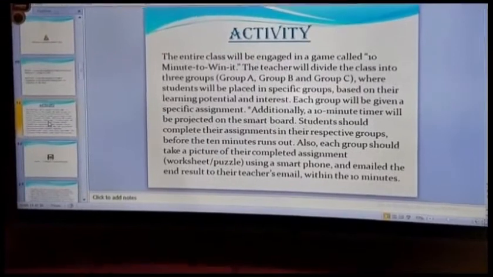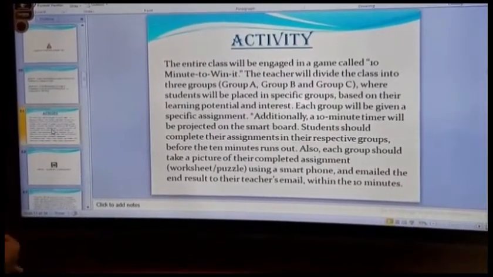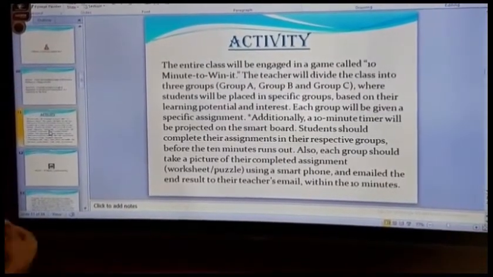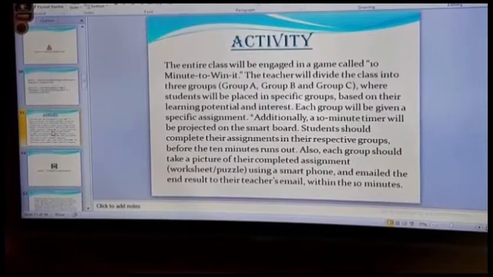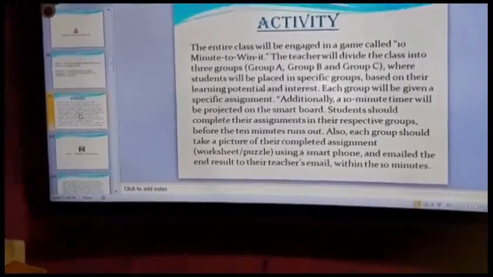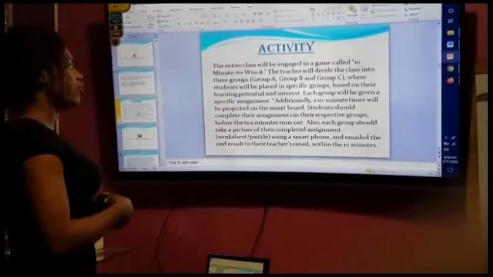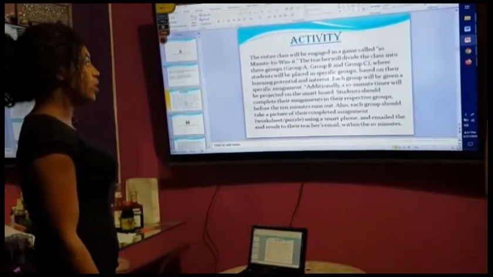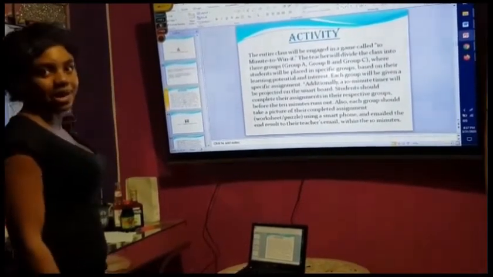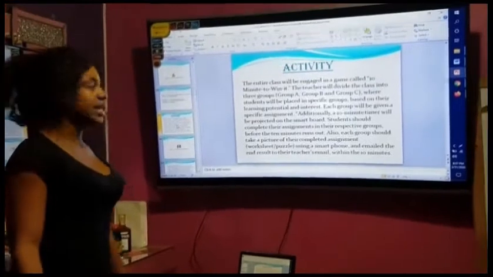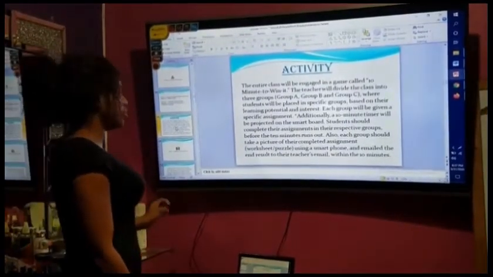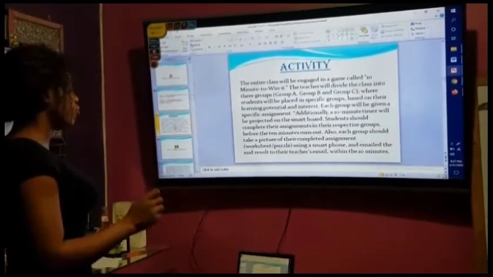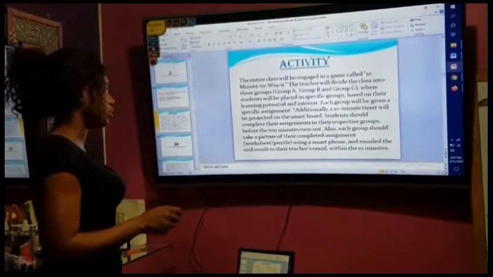So, activity. The entire class will be engaged in a game called 10 Minutes to Win It. This is where the teacher will divide the class into 3 groups, Group A, B, and Group C, where students will be placed in specific groups based on their learning potential and interests. Each group will be given a specific assignment. Additionally, a 10-minute timer will be projected on the smart board, and students should complete their assignments in their respective groups before the 10 minutes run out.